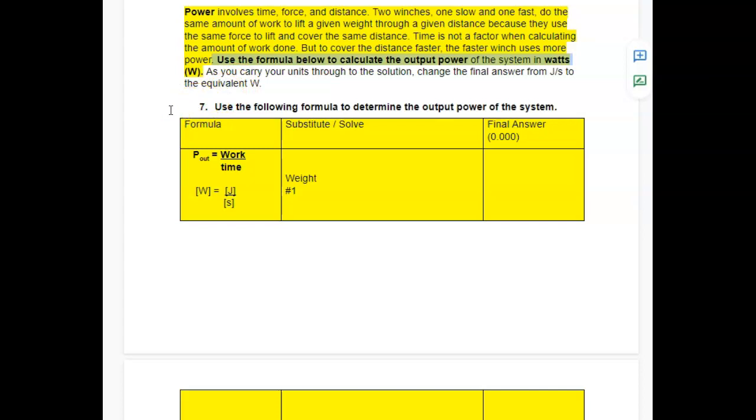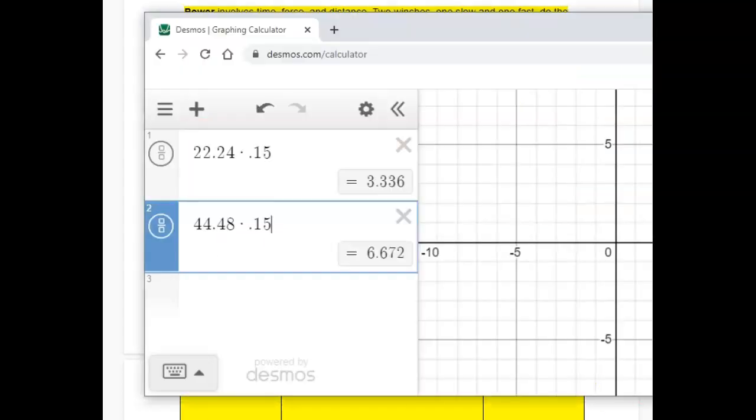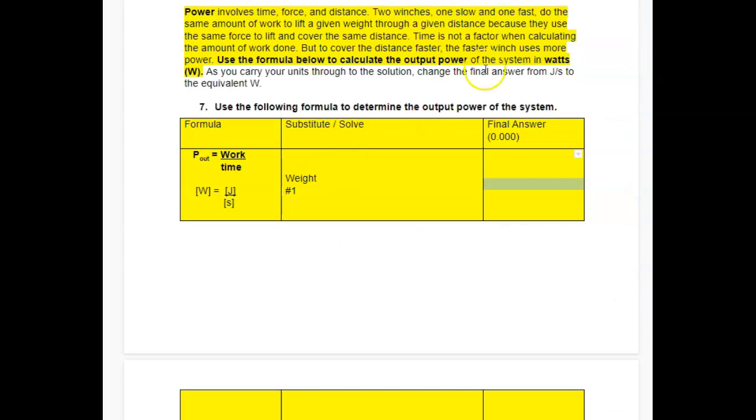All right, and we'll put our work in here. So the power, if I remember what it was, 3.336 for weight 1. 3.336, and we divide by 5.8 seconds because that's how long it took.